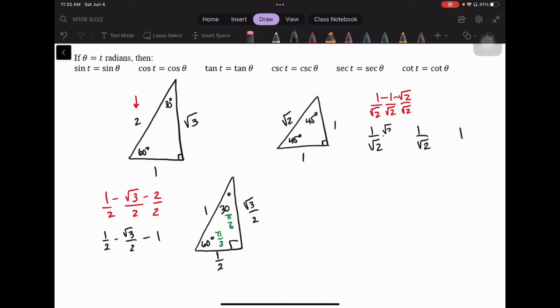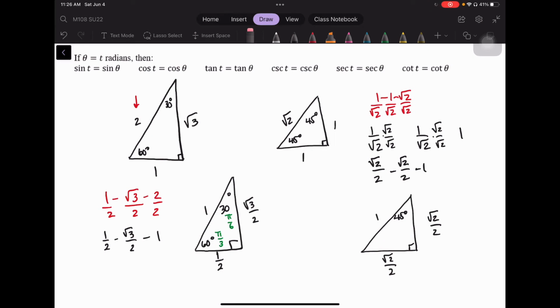But remember, we need to rationalize, which gives us root 2 over 2, root 2 over 2, 1 as our ratios. And what was 45 degrees as a radian? It was pi over 4.